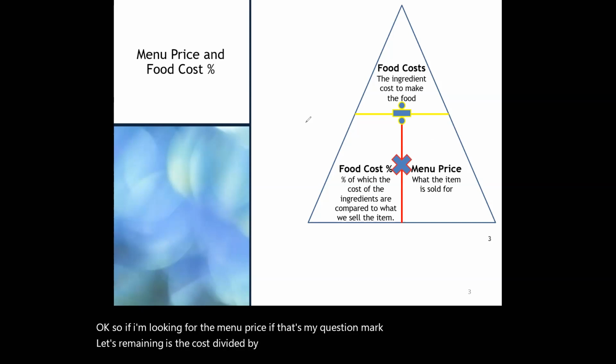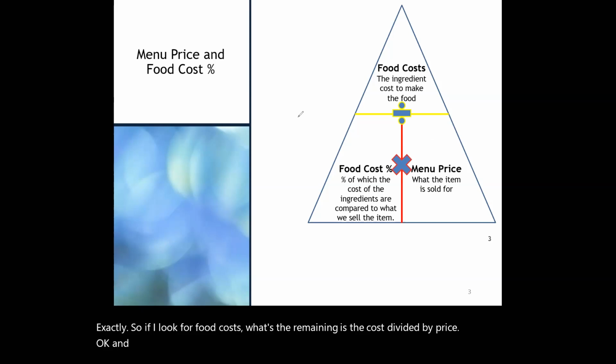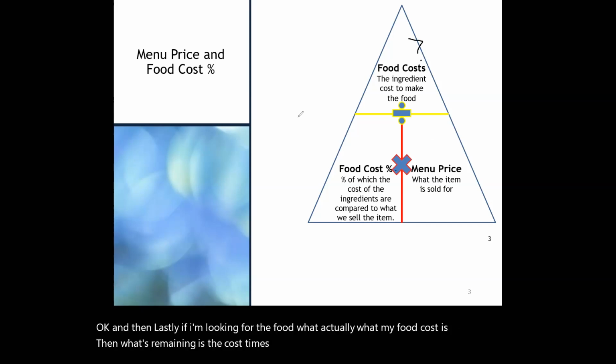Same thing if I want to know the percentage, it's going to be the cost divided by the menu price. Exactly. And then lastly, if I'm looking for what my food cost is, then what's remaining is the percentage times the menu price. Okay, got it. Thank you. Cool. You're welcome.